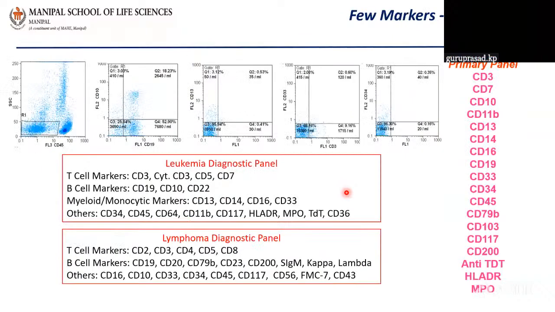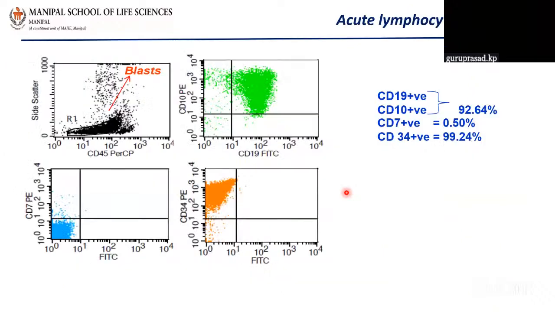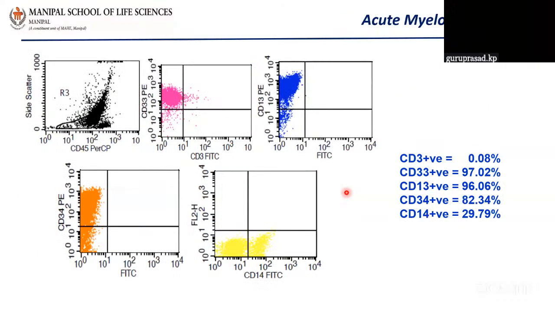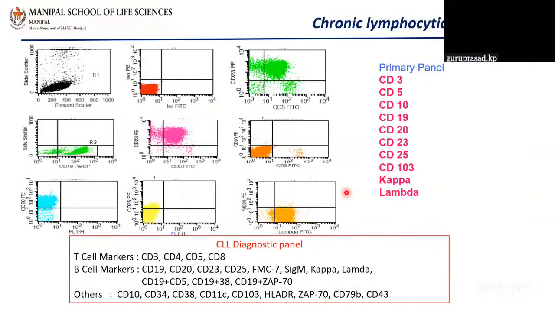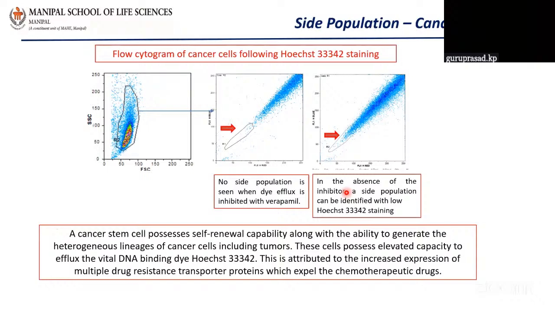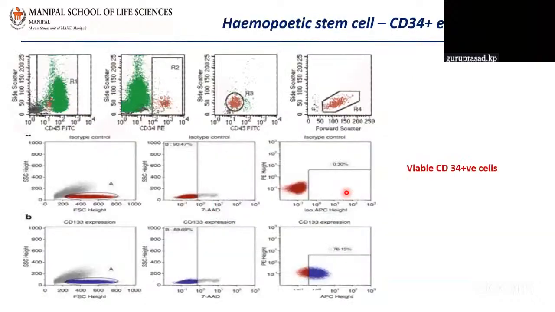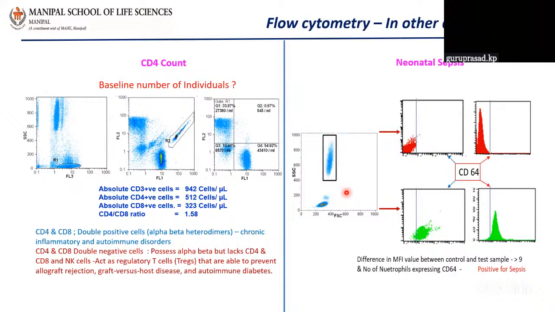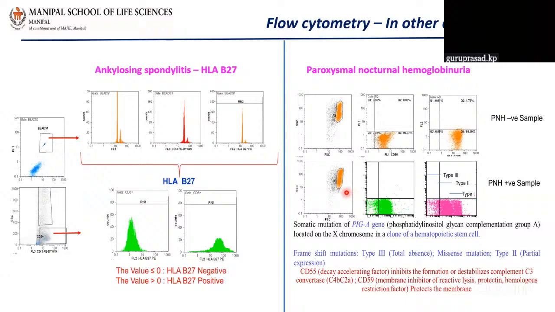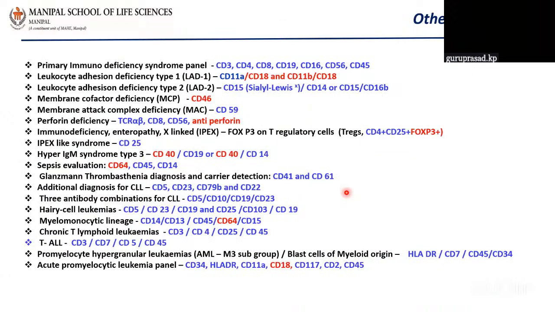So basically, you can use this for diagnostic purposes, HIV monitoring, cancer cell identification, tumor identification, hematopoietic stem cell analysis, which may be helpful for transfusion, or for neonatal sepsis, ankylosing spondylitis, paroxysmal conditions. All these are diagnostic aspects.